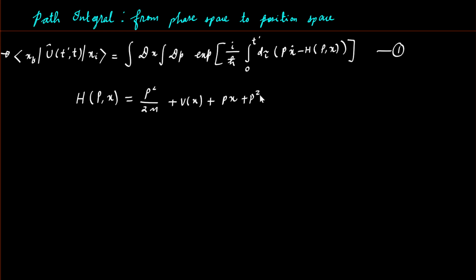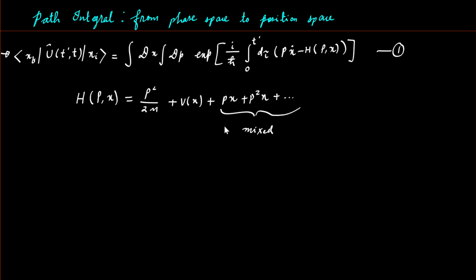These are the possible terms for a particular Hamiltonian, and these are called the mixed terms.